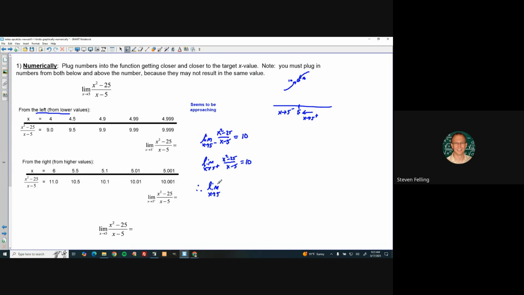This is a two-sided limit or a full limit of x squared minus 25 over x minus 5 equals 10. And that's the conclusion. So this limit is equal to 10. And this is called numerical evaluation because we're simply plugging numbers in closer and closer to the target value from both above and below.